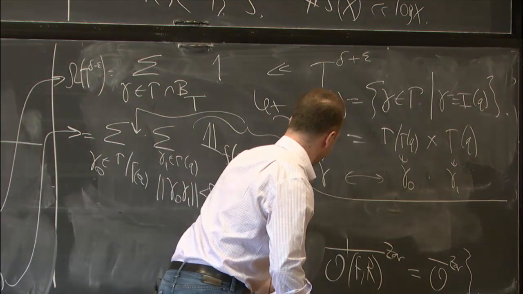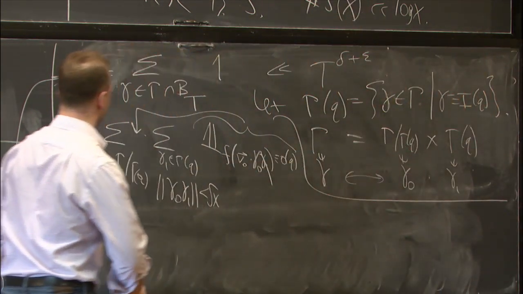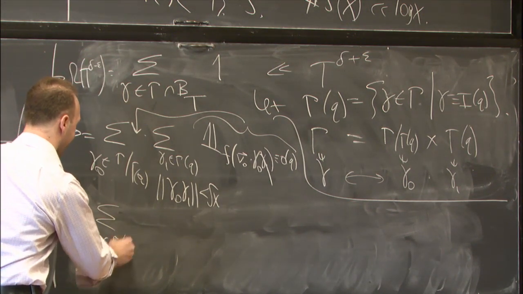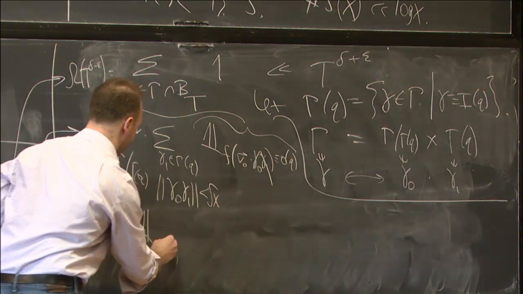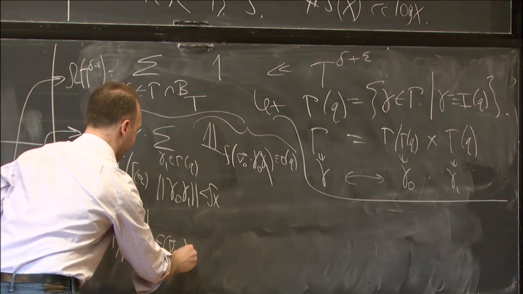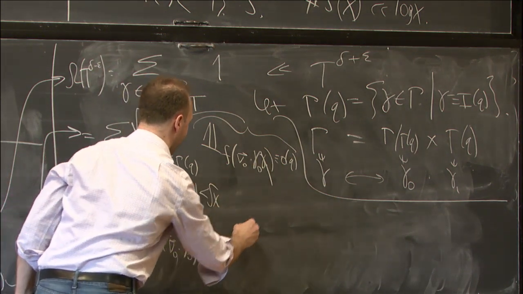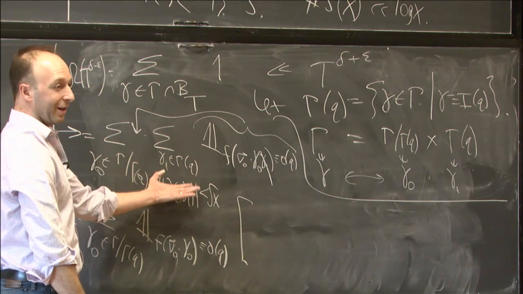And what you can prove in enough generality, certainly in the examples that I'm talking about, is, let me write again, gamma 0 in this quotient, the indicator function f of v0 gamma 0, there is no gamma 1 anymore, is congruent to 0 mod q. And how many points should there be in this congruence group?